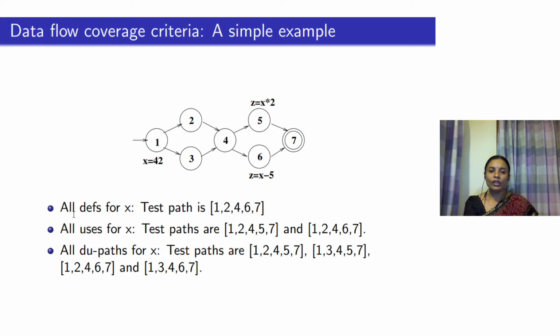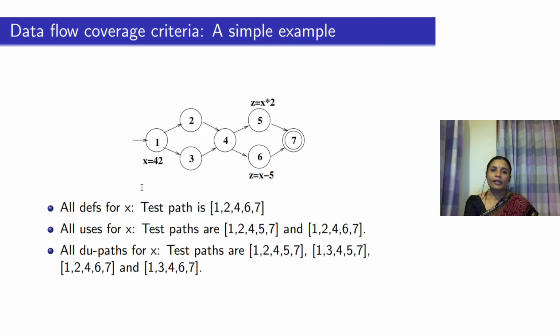If I have to achieve coverage criteria for this small example, if I have to say all definitions for X, that is, every definition reaches at least one use, the test path would begin at node 1, where X is defined, and maybe go through node 5 or node 6. In this example, we've gone through node 6: 1, 2, 4, 6, 7 will ensure that the definition of X at 1 reaches at least one use, which is at 6.